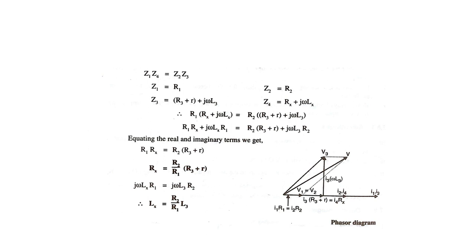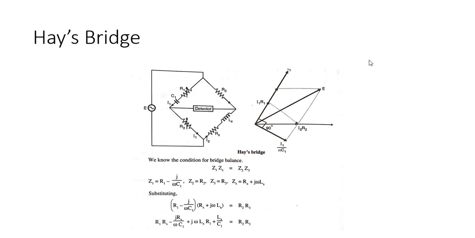Let me complete one another thing that we missed during the study of the Hayes bridge, that is the phasor diagram. Let's talk about the Hayes bridge phasor diagram, then we will move towards Maxwell's bridge.